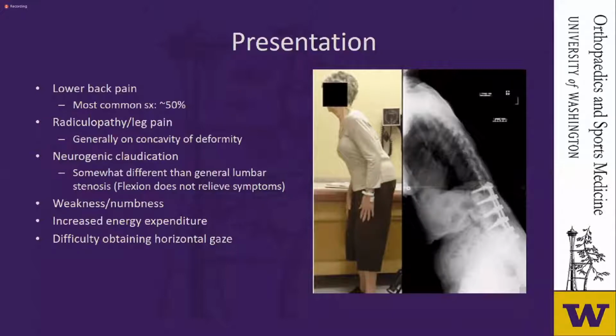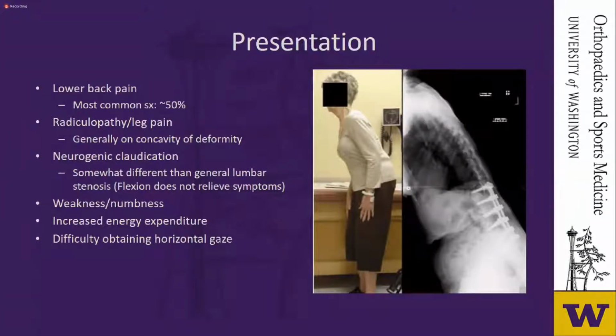Neurogenic claudication is another way patients can present, though this is somewhat different than patients with general lumbar stenosis, in that flexion generally does not relieve symptoms for these patients. Weakness and numbness, increased energy expenditure, as well as difficulty obtaining horizontal gaze. This is particularly true with severe types of deformity.